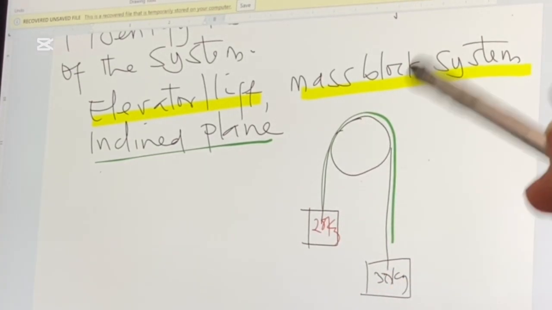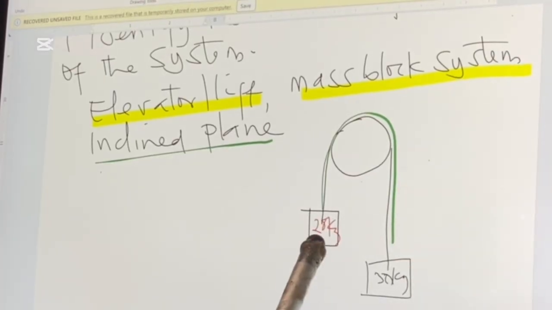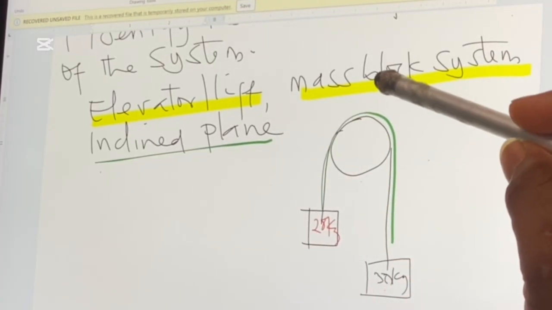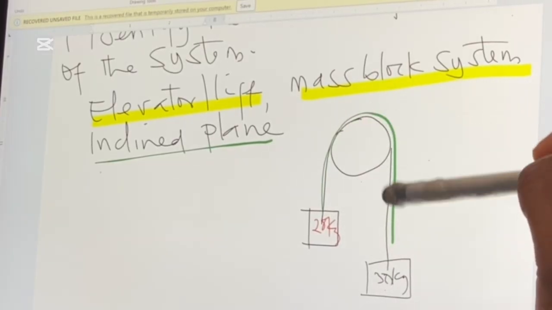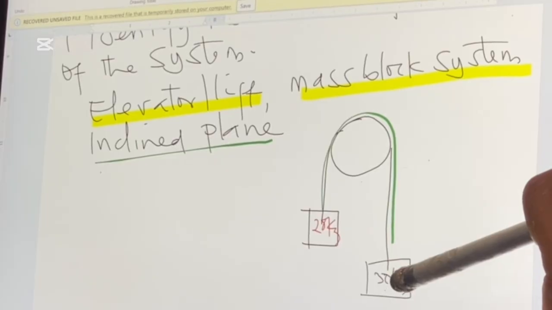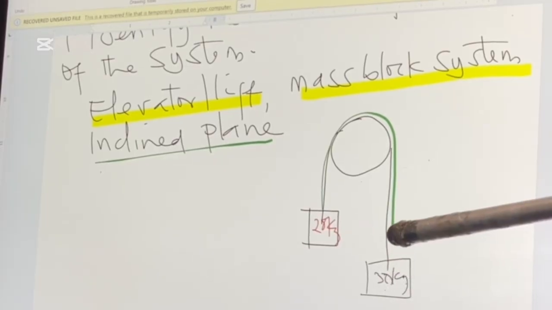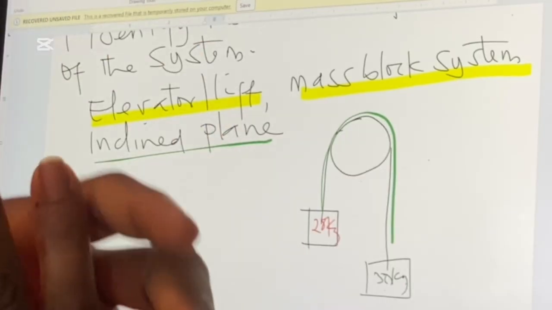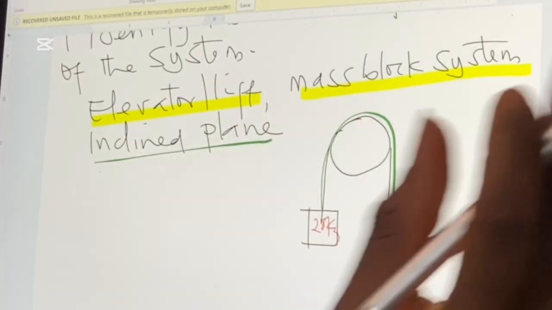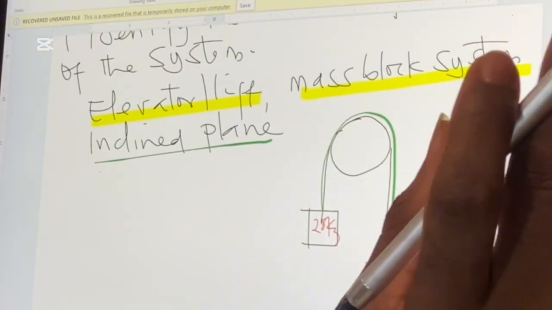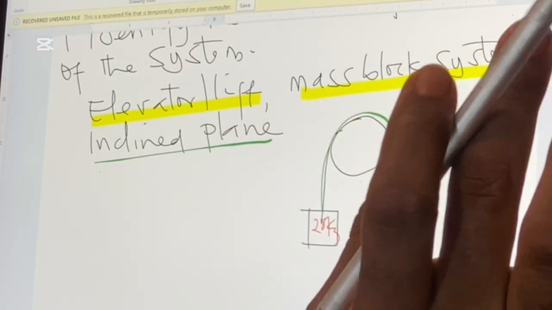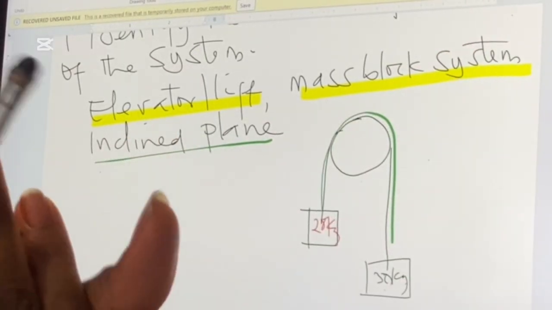Like for example here, we have this to be 20 kg and this to be 30 kg. The force of the system must move to the greater mass, and the one here that has the greater mass is 30 kg. Please take note, okay? But if the system has only one mass, to identify the direction of the force of the system is to know the statement in the equation.